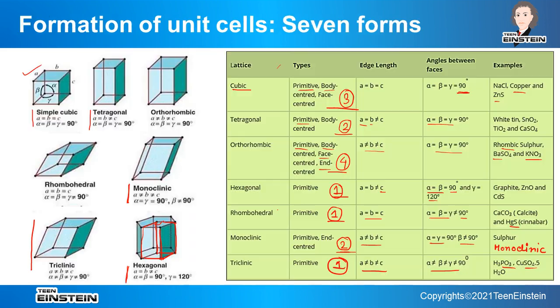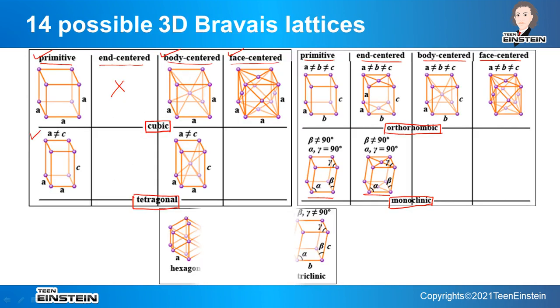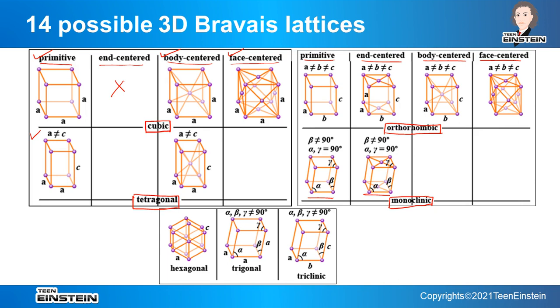If you look at the previous slide, here we have rhombohedral. You can also write it trigonal. So under hexagonal there is only 1 type, so that is why it is not mentioned.